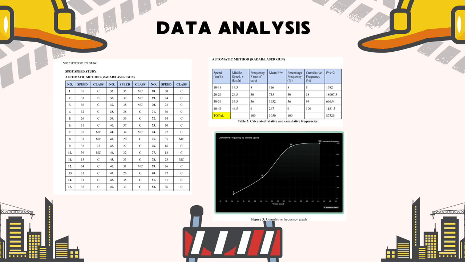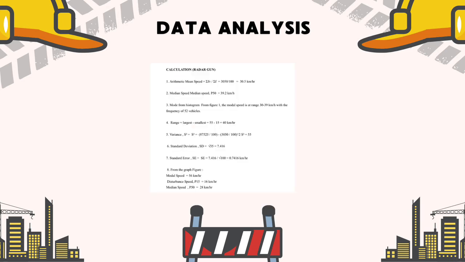Finally, we can extract important operational speeds directly from our percentile graph. For P15, minimum disturbance speed found at 16 km per hour, this means 15% of vehicles travel slower than this, marking the lower boundary of normal traffic flow.